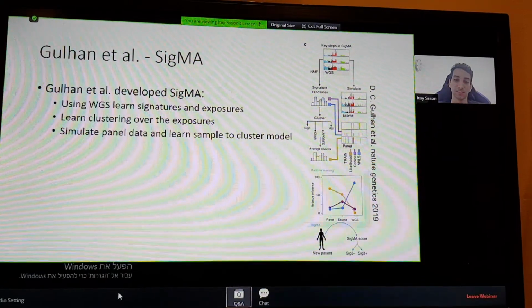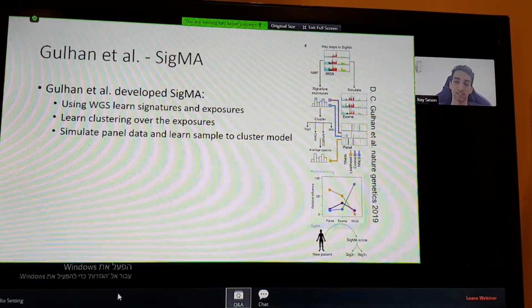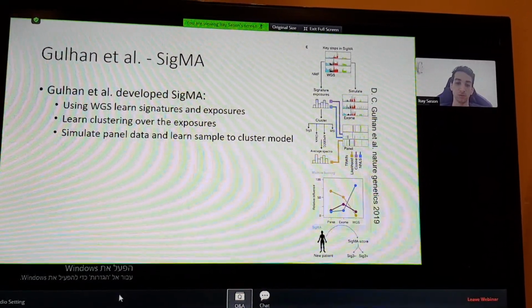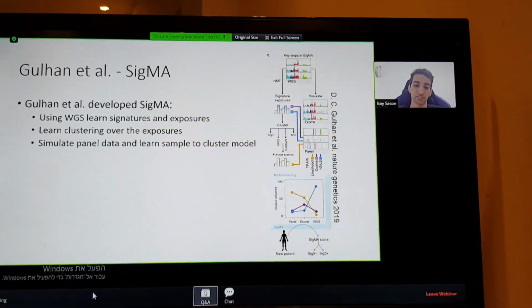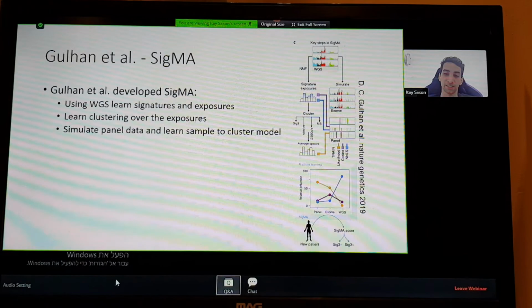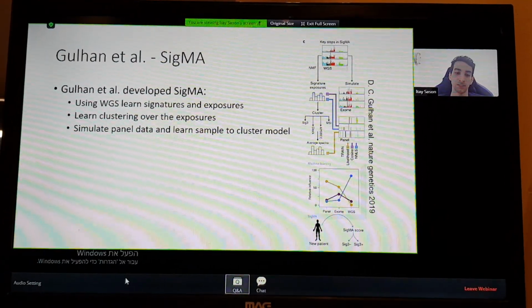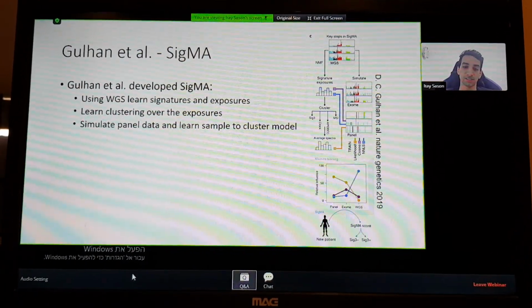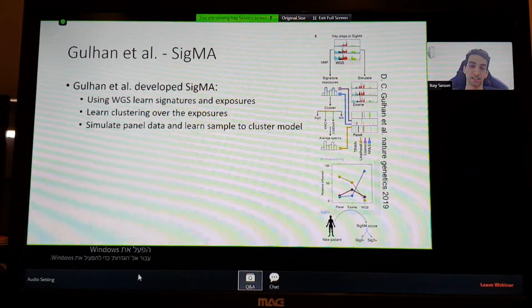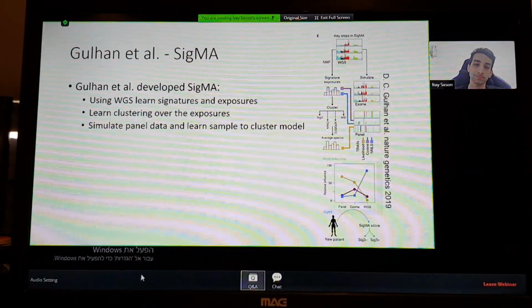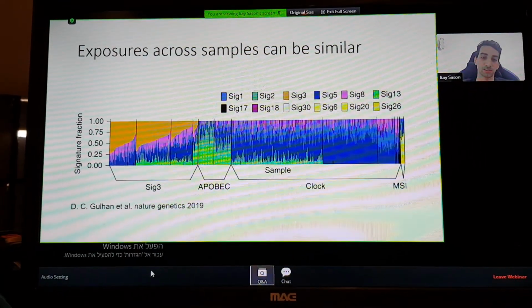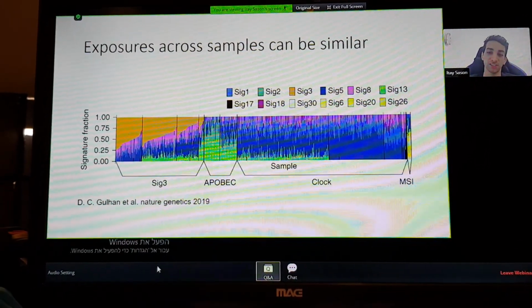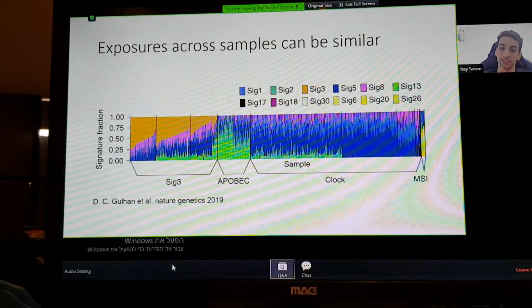And lastly, Sigma has many components that are built on one another, and a failure in one could mean a failure of the whole model. We will not compare to Sigma directly, but we will compare to two of its components, NMF and non-negative least squares.